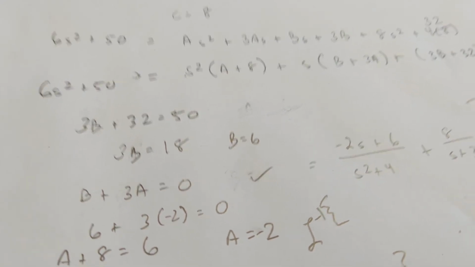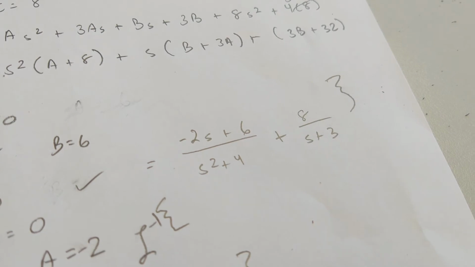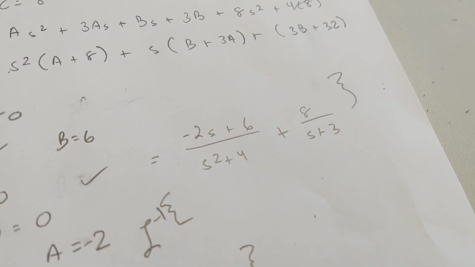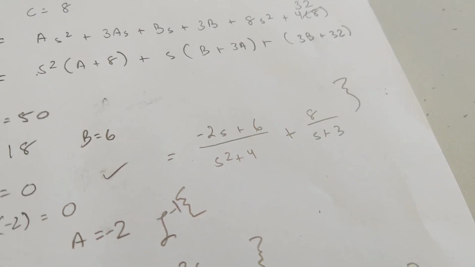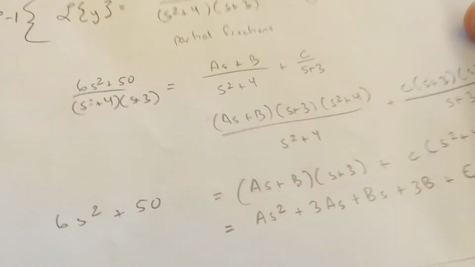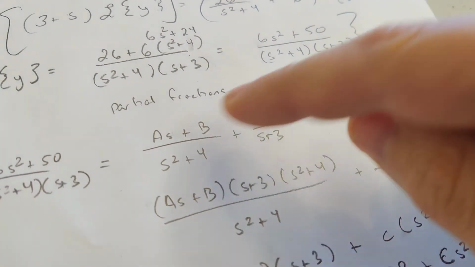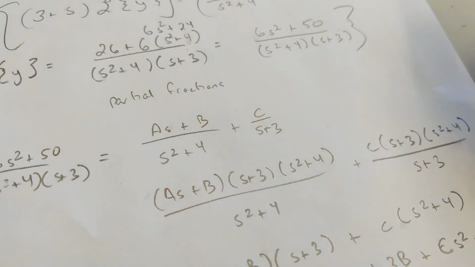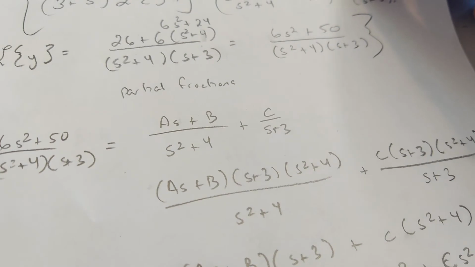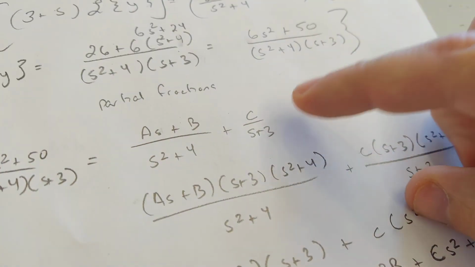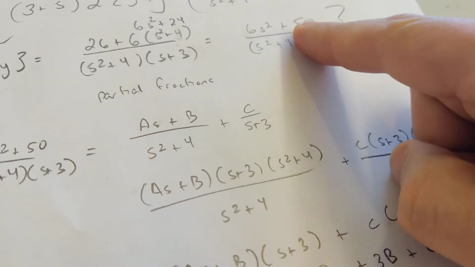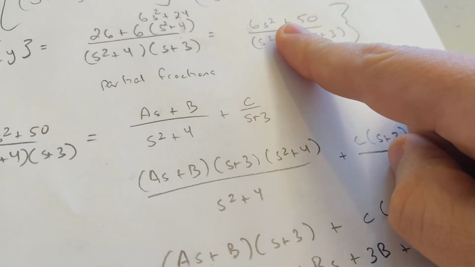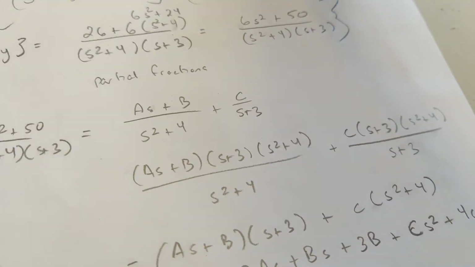And what that means is that now we know that our fractions are these two, minus 2s plus 6 over s squared plus 4, and 8 over s plus 3. And that's just because we go back and we substitute in A, B, and C in their respective spots. So we're putting the values in for A, B, and C, and then that in for this. And then we're going to take the inverse Laplace of it, which is what I did.